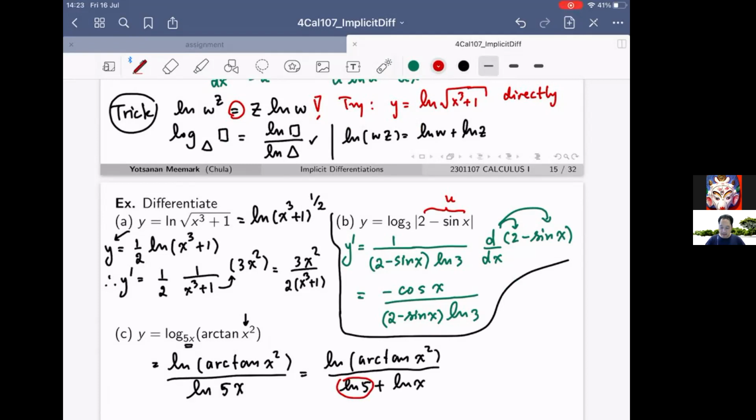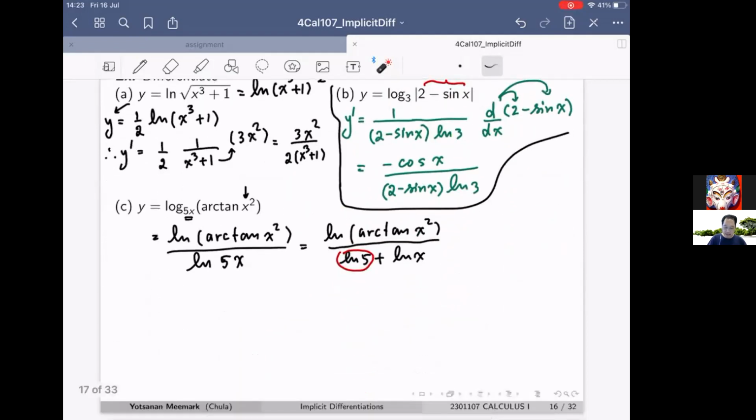Another thing to keep in mind is that with x squared, the square is on the x inside. It's not arctangent squared of x. This one has the square outside, and then you can pull it out in front of the log. But this one you cannot, because the square is within the arctangent.